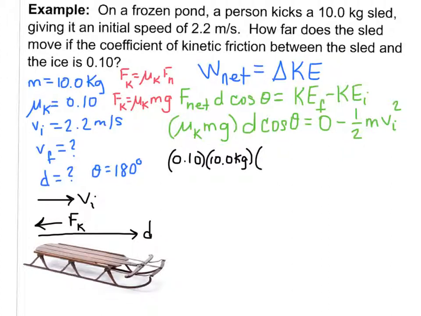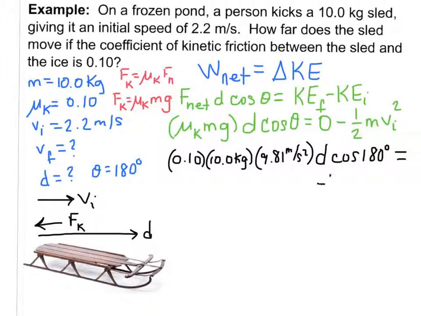So as I plug these values in, mu sub k is 0.10, m for mass is 10.0 kilograms, g is 9.81 meters per second squared, d is the variable I'm solving for, cosine of theta, theta is 180 degrees. Now I'm going to say equals, 0 is simply 0, so I'm not going to include that term.